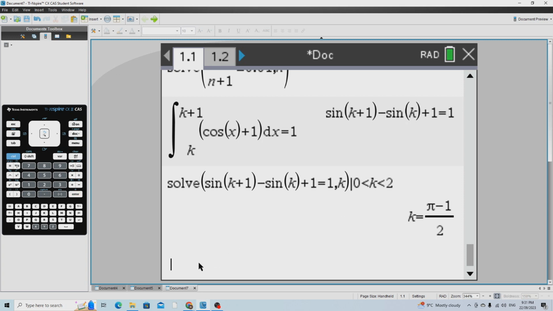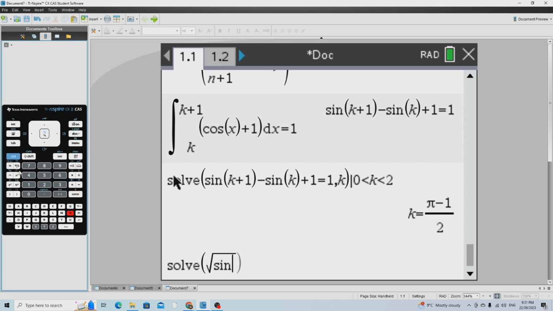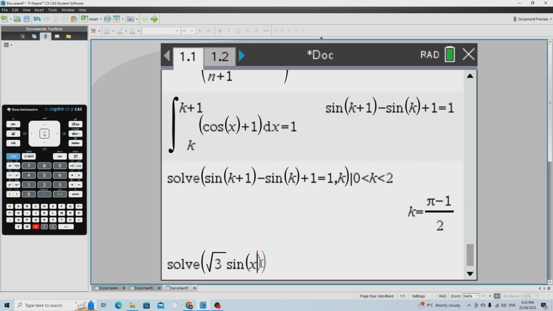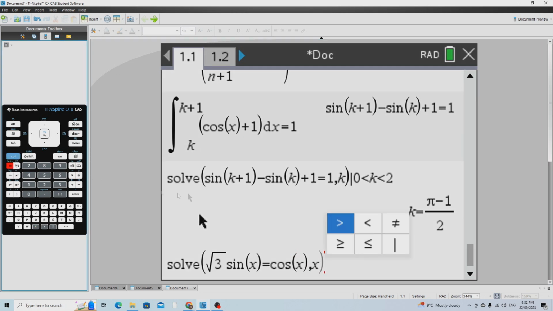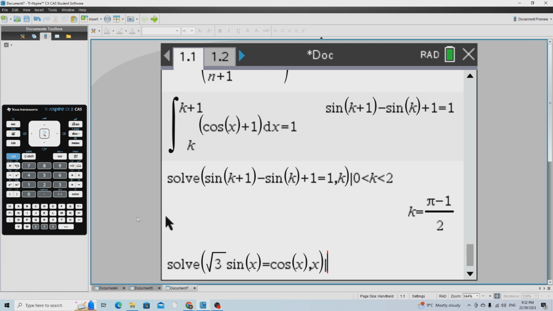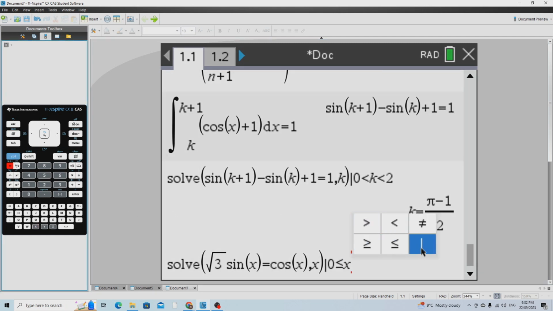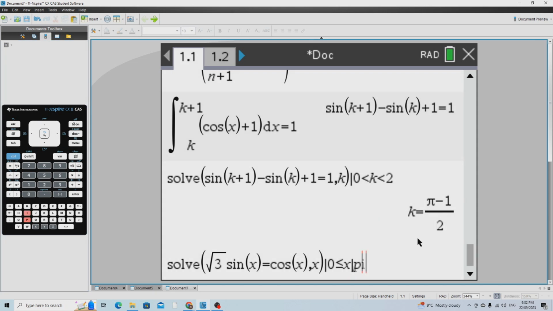So we want to solve where root 3 sine x is equal to cos x, given that x must be only between 0 and pi over 2.